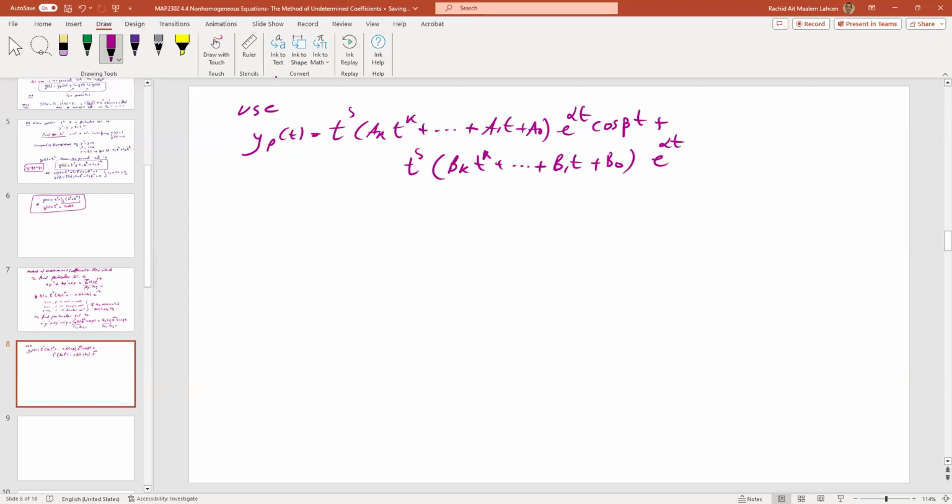You see here, you have the e^(alpha t), the same, sine beta t.